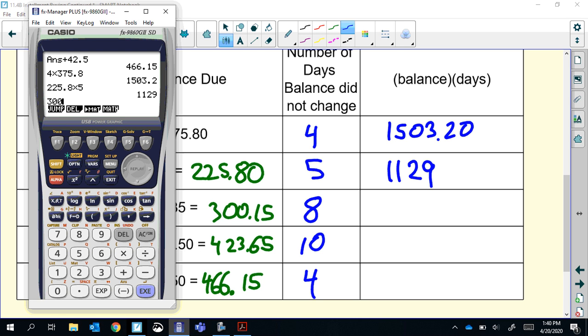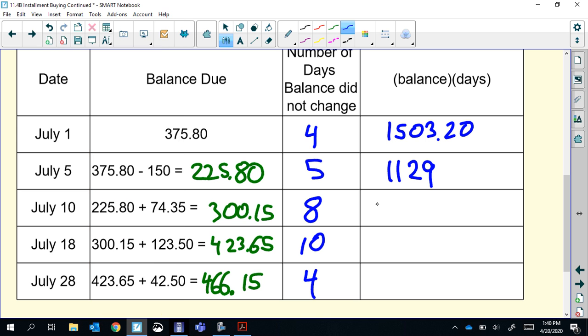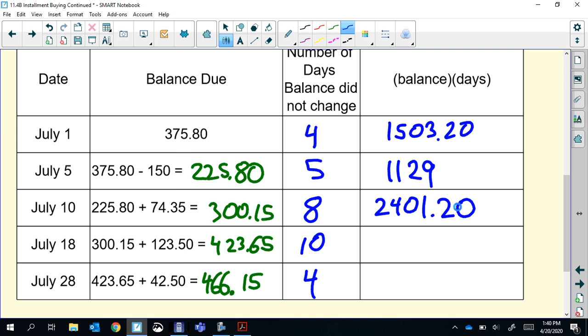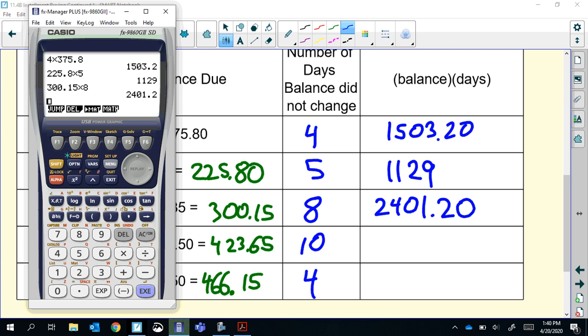Then I had a balance of $300.15 for 8 straight days. And then the balance was $423.65 for 10 days.